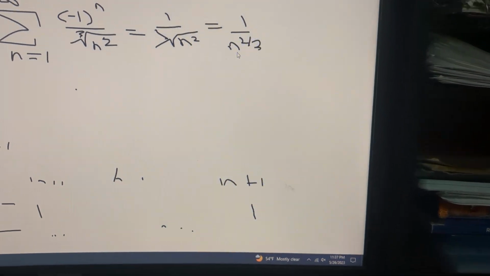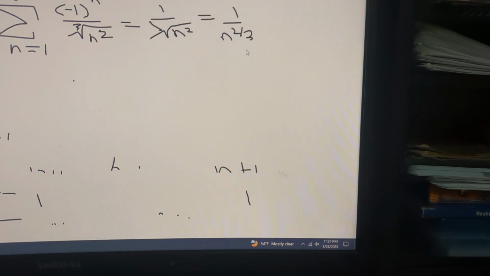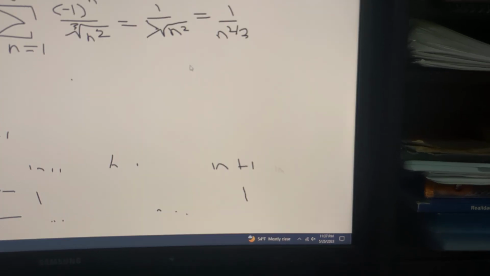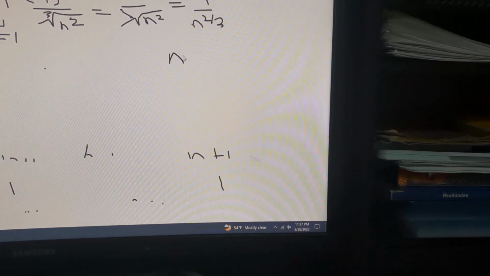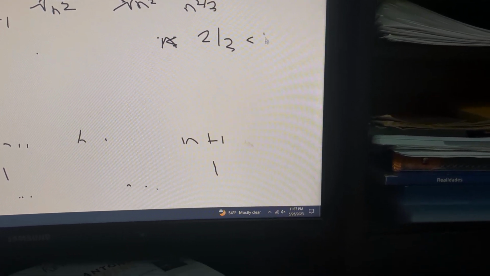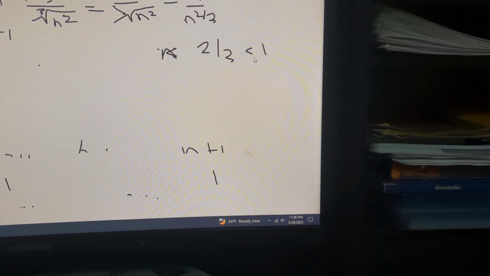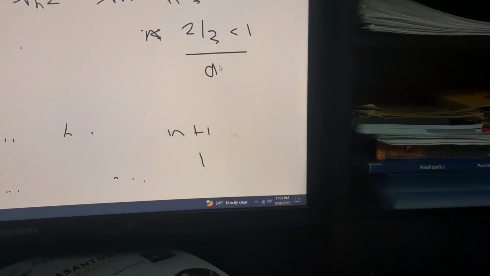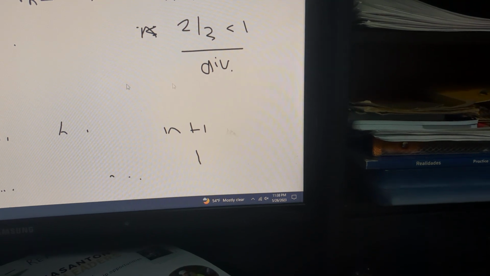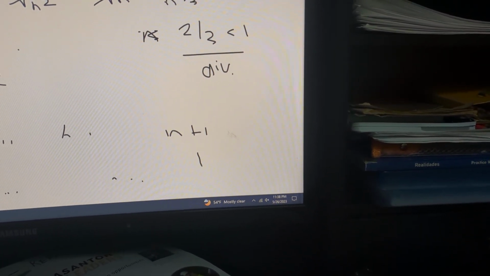Based off the p-series test, we know that if the exponent is less than 1, then it diverges, right? 2/3 is less than 1, so this diverges.